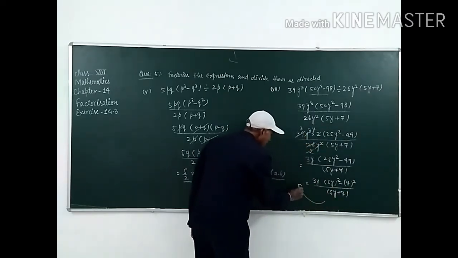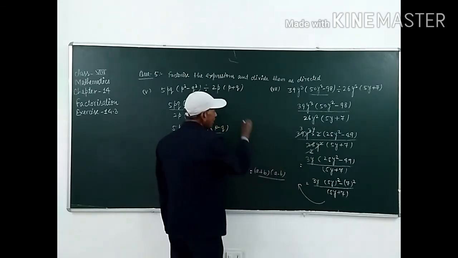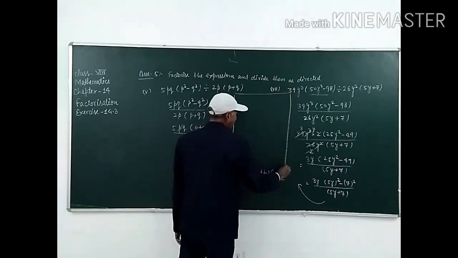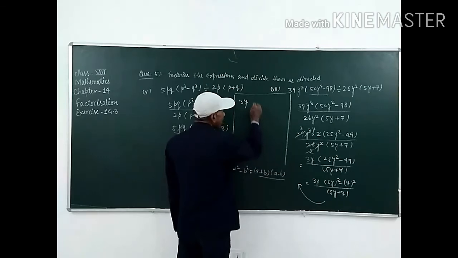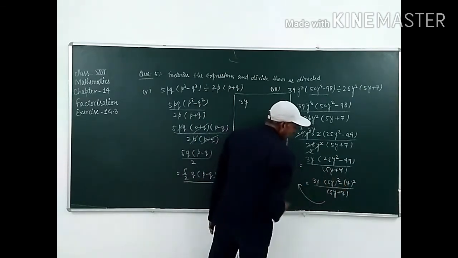This part here is a square minus b square.